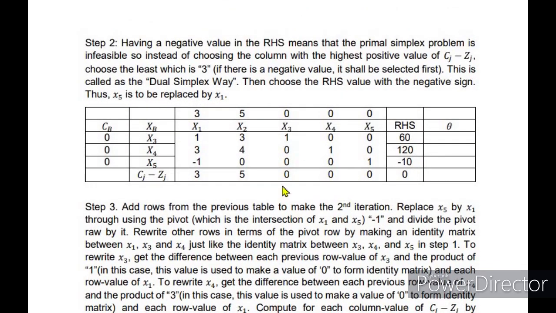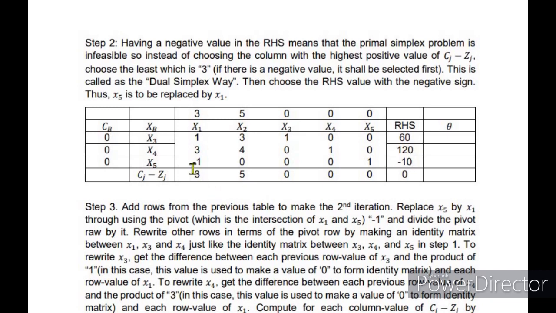So, step 2, having a negative value in RHS means that the primal simplex problem is infeasible. So instead of choosing the column with the highest positive value of Cj minus Zj, choose the least, which is 3. Okay? So this is done if you have a negative value here in the RHS.